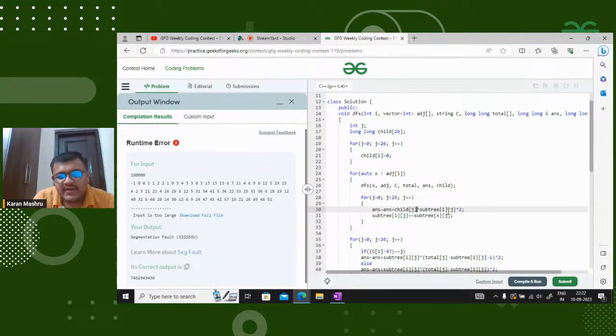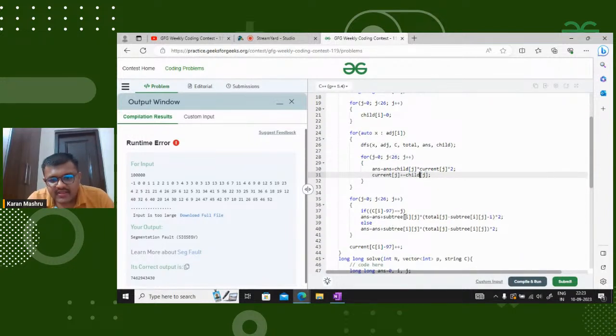So how many j characters are there in the child multiplied by current of j, how many j characters are there in the current node, multiplied by 2, and current of j plus equals child of j, right?